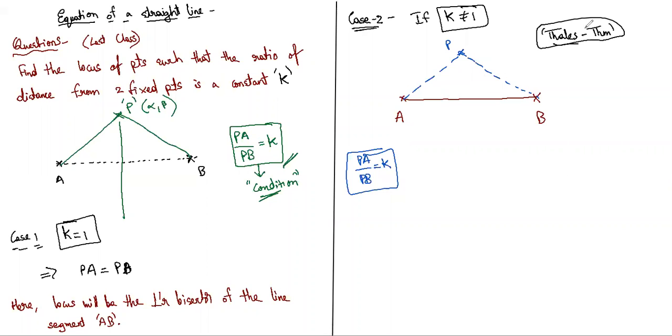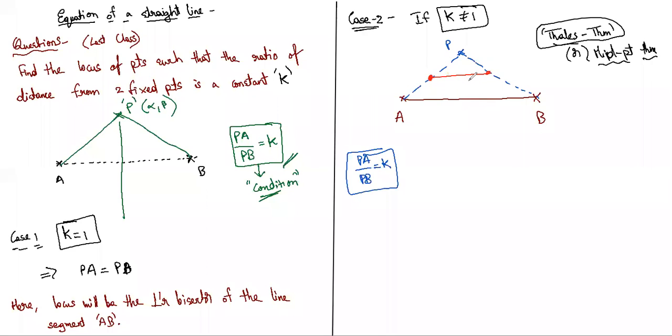The line segment joining two midpoints is parallel to the third side. Yeah, good. So if you join the midpoints of two sides, it turns out to be parallel to the third side. So this is your Thales theorem.